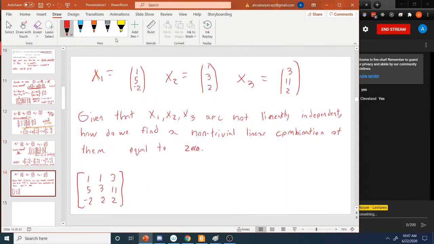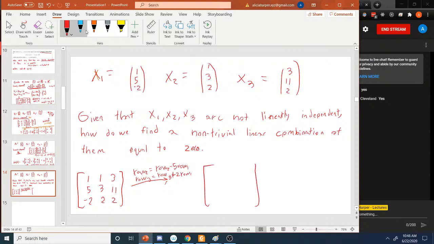This is very useful, and the reason is, watch what happens. I can apply the following row operations. I can set row 2 to be equal to row 2 minus 5 times row 1, and I can set row 3 to be equal to row 3 plus 2 times row 1.